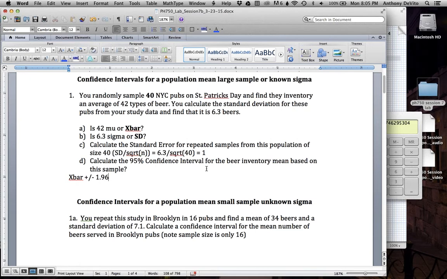So it's either, not both, right? Okay, so 1.96 times the standard error, which is 1. And x bar was 42. 42 plus or minus 1. So it looks like the 95% confidence interval is 40 to 44, roughly. So we're 95% certain that the average New York City pub, if we look at the entire population, carries between 40 and 44 different types of beer.